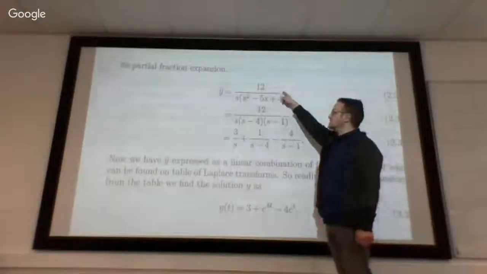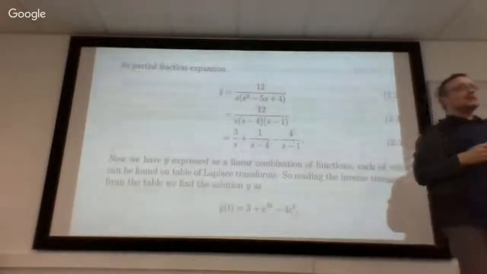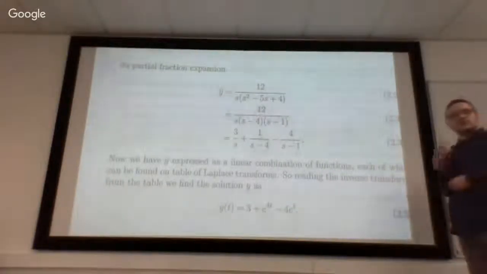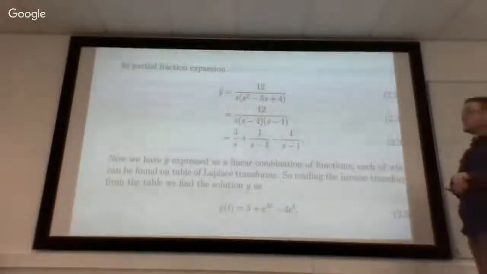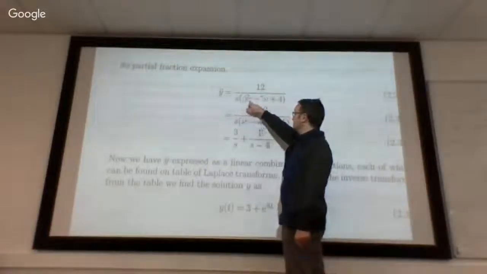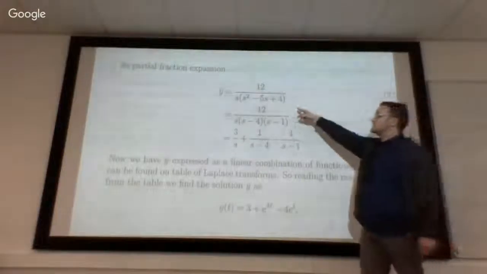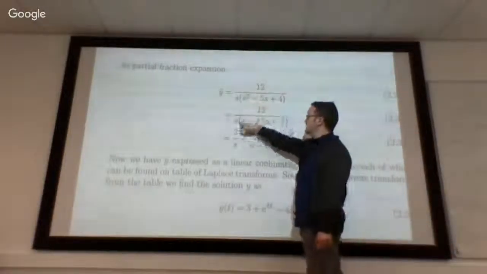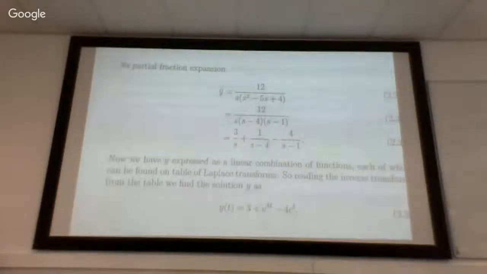You've got a constant over a cubic in s. It should be possible to express that as a linear combination of simpler rational functions. So you look to factorize the denominator. Luckily, this cubic factorizes fully as the product of 3 factors, s times s minus 1 times s minus 4.